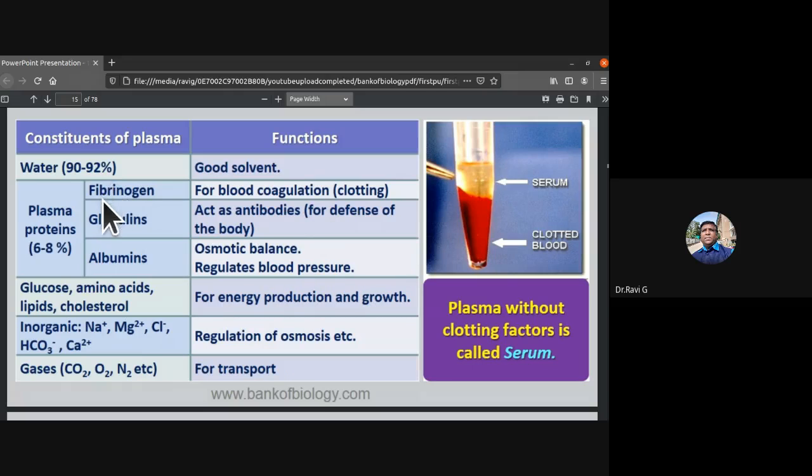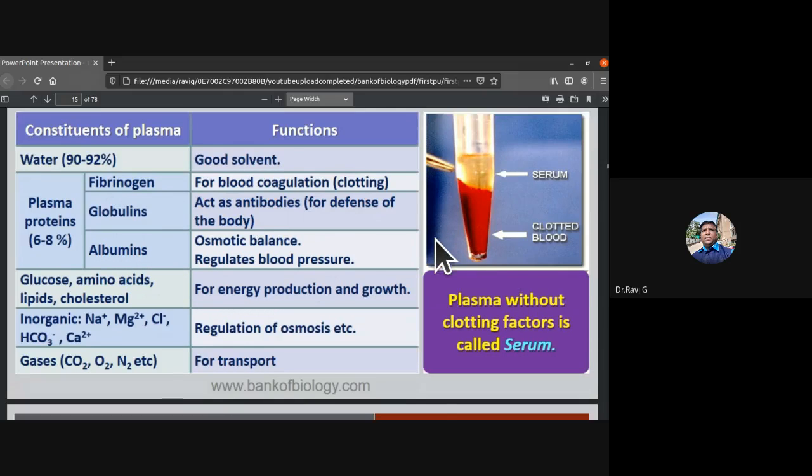So the plasma proteins consist of fibrinogens, globulins, and albumins. Fibrinogens are for blood coagulation or clotting. The globulins act as antibodies for defense of the body, and albumins help in osmotic balance and regulate the blood pressure.